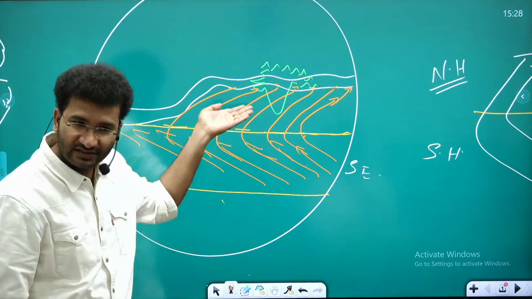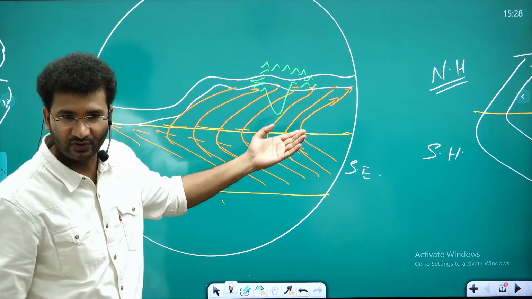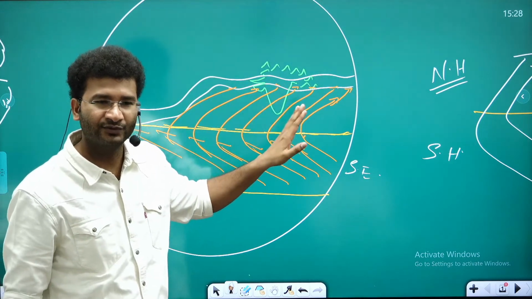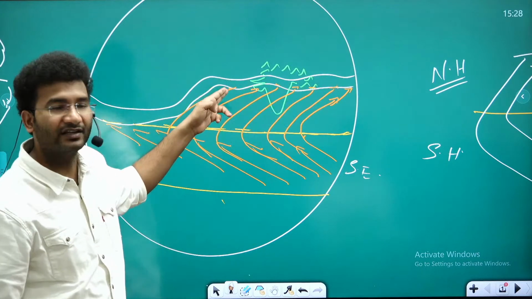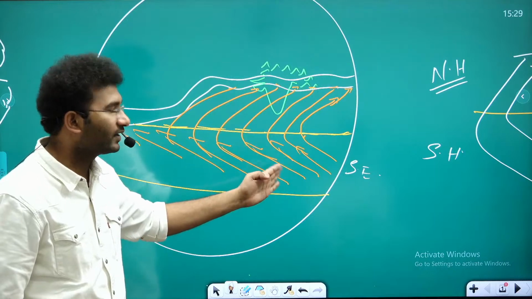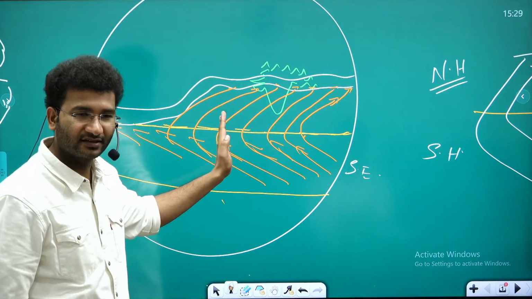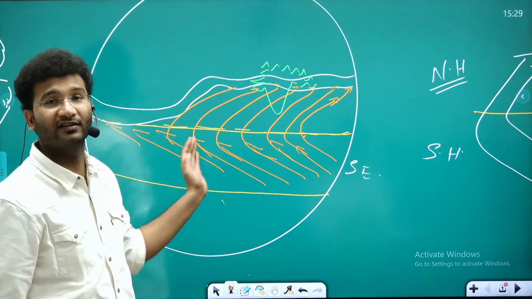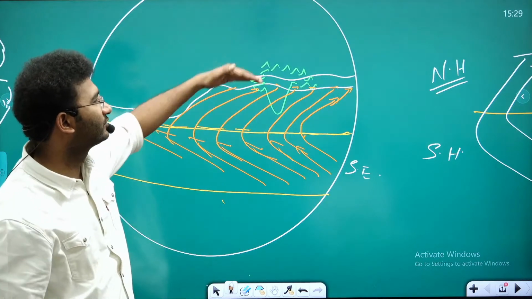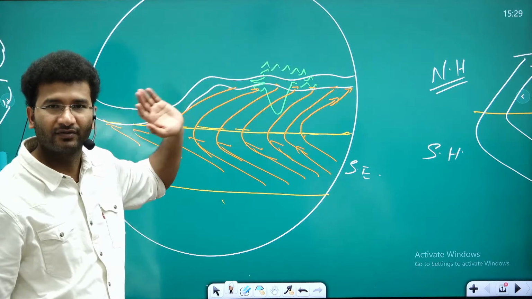The same southeasterlies cross the equator to reach the ITCZ zone, because the sun in the northern hemisphere during the month of June will be directly falling at the Tropic of Cancer, right? So that's the reason why after they cross the equator, they take a turn. And with that turn, all these winds will go and reach the ITCZ zone.